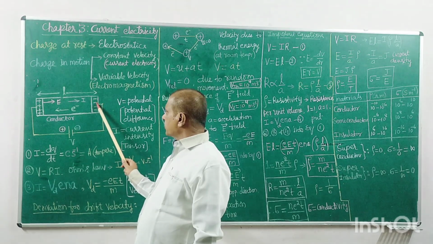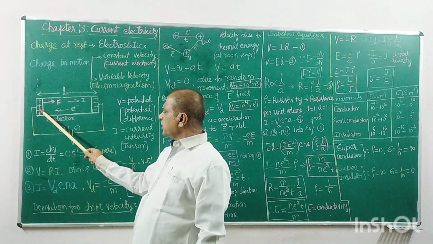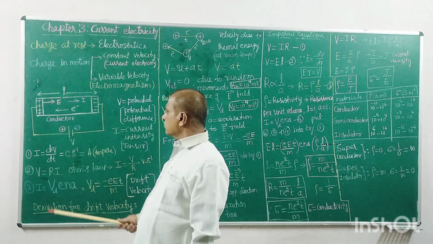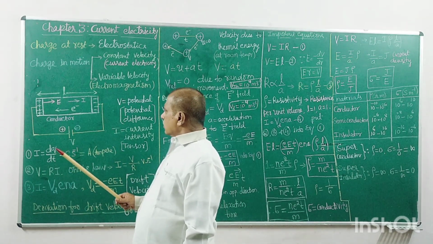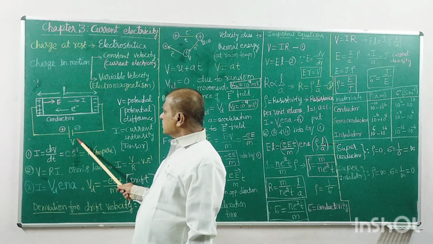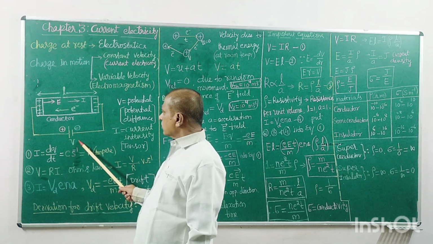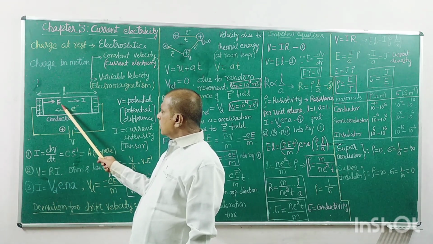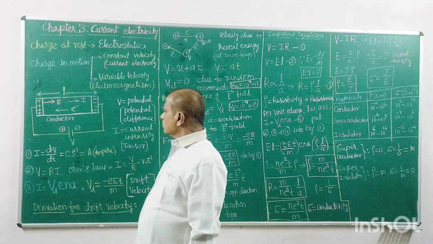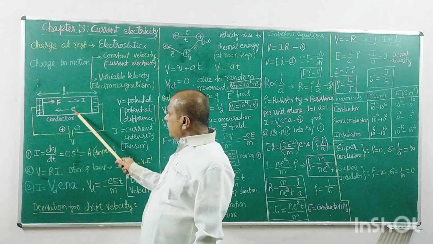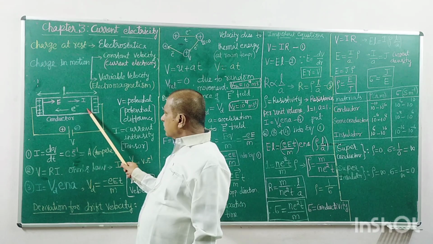Between these two ends of the conductor, one is positive potential and the other is negative potential. When this potential difference is applied, we see that an electric field is produced in the material conductor.